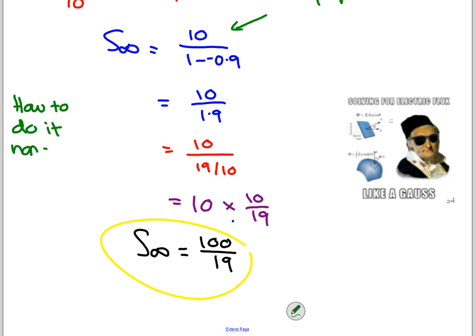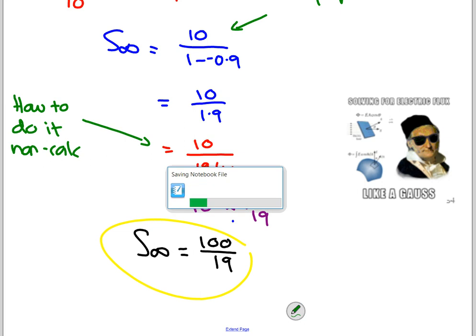Feel free to put little notes like that, so when you look back you realize why we bothered to do it this way, why we weren't just putting it in the calculator. It's just to show you that that could have been a non-calc question. Lovely one, subbing into that simple formula. Not much to go, is there?